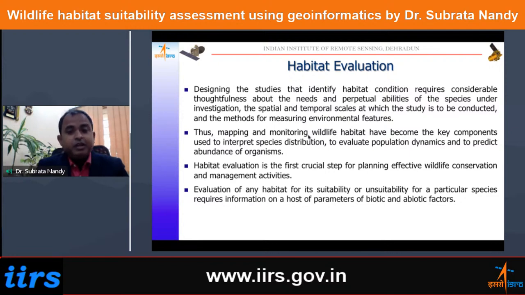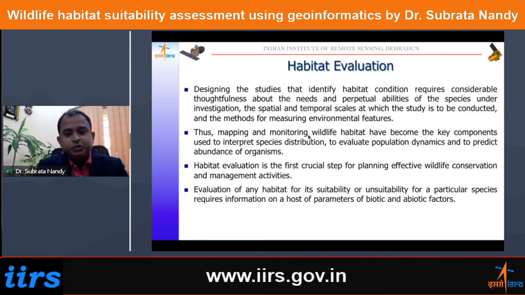Mapping and monitoring of wildlife habitat has become an important component which is used to interpret the species distribution, to evaluate the dynamics of population, and to predict the abundance of the organism. Hence, habitat evaluation is the most important step for planning wildlife conservation and management activities.